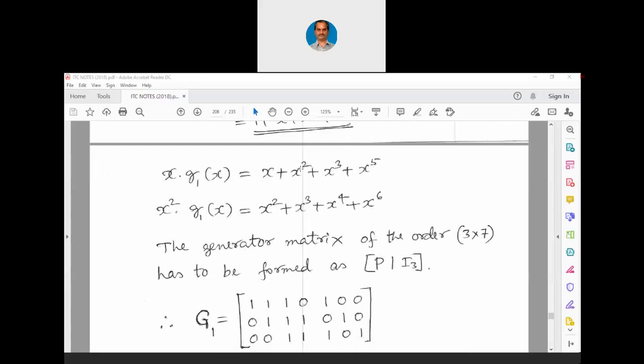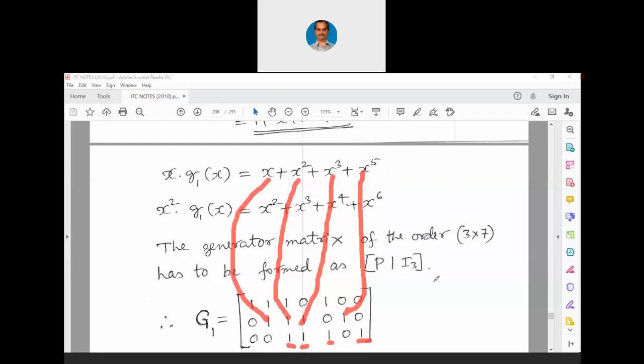Then x square, x cubed, x power 5. You can see here, x corresponds to this, x square corresponds to this, x cubed corresponds to this, x power 5 corresponds to this. So we have 0 1 1 1 0 1 0. Then finally x square, x cube, x power 4, x power 6. We have this, this, this, and lastly this.